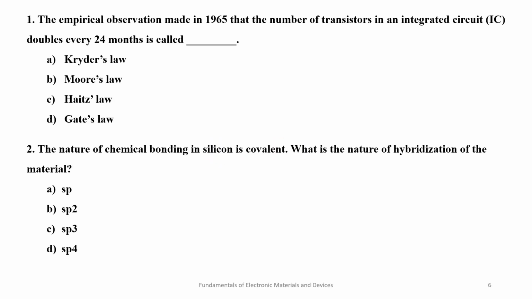Yeah. So, the first question is: the empirical observation made in 1965 that the number of transistors in an IC doubles every 24 months is called dash. In most of the questions in assignments and final examinations, you'll get questions like this. This is a very direct statement-related question from your week 1 contents. Some scientist made an observation in 1965 that the number of transistors in an IC doubles every 24 months.